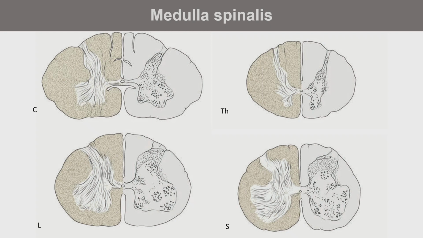So, the ratio between white and gray matter is different between the segments. So, the largest spinal cord at the surface and the largest number of fibers in a funiculi is logically in a cervical spine, because you could easily imagine that the fibers which are leading information from brain to the lower part of spinal cord and backwards have to be connected through the cervical spine.